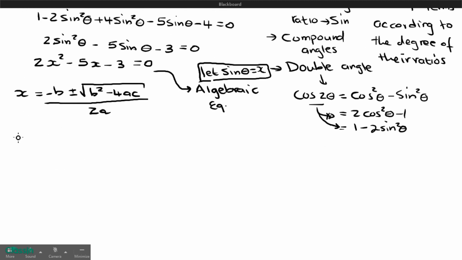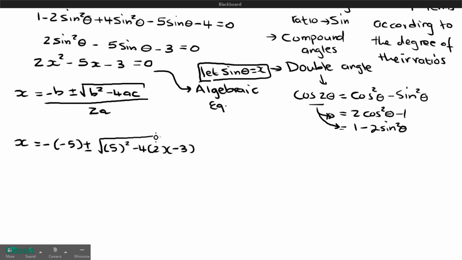From here, we substitute the values of the coefficients: x equals minus into minus 5, plus or minus 5 squared minus 4 into, and then our a is 2, our c is negative 3.